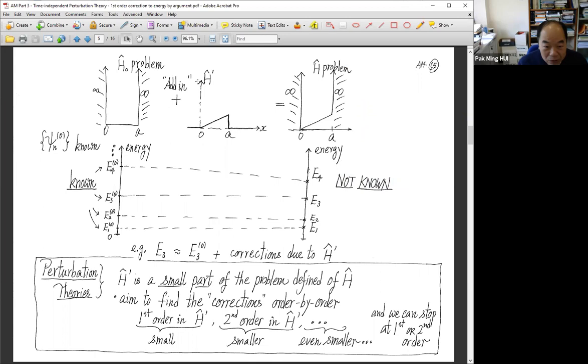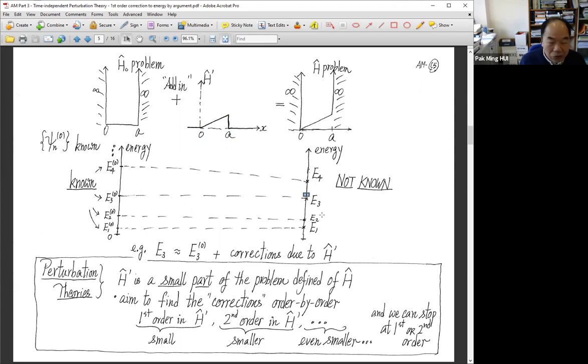We want to get this answer in a systematic way, hopefully getting closer and closer to the unknown value by taking into account this H prime order by order. First order, maybe I take this value to some value here that is not bad, but not so good.